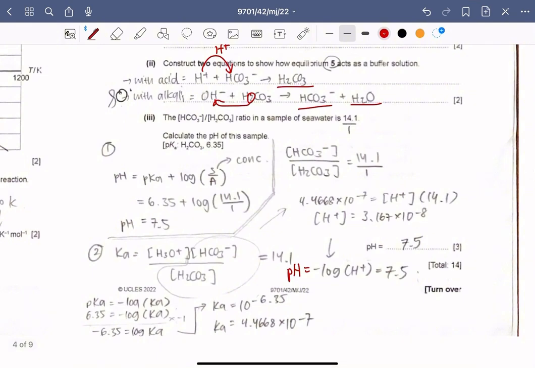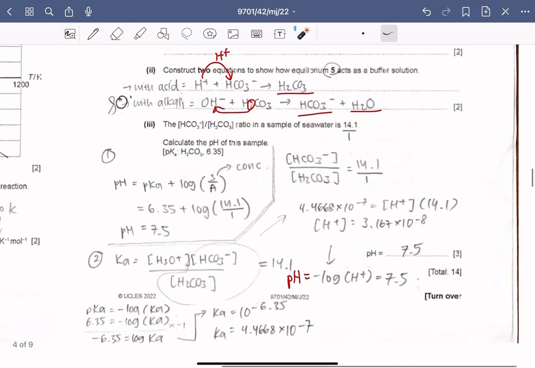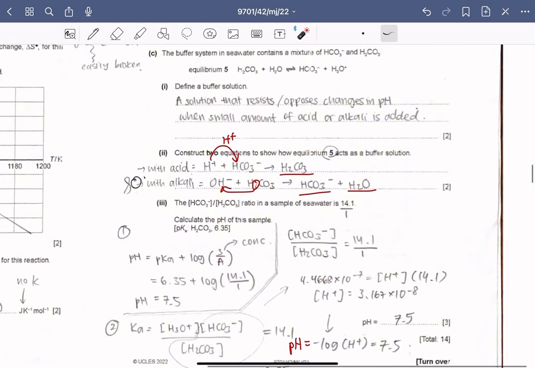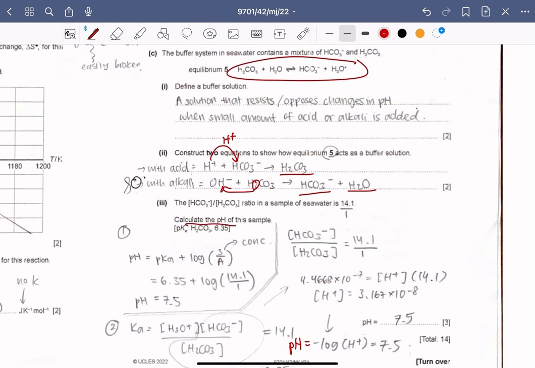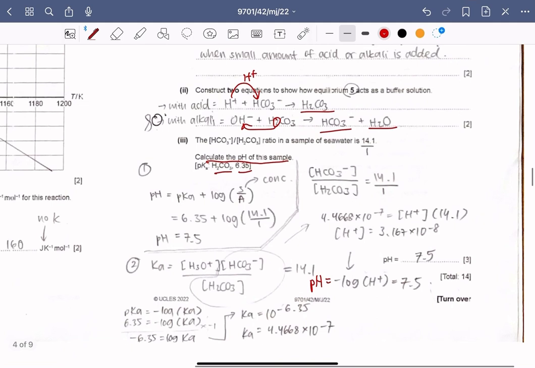For part III, the HCO3 minus to H2CO3 ratio in a sample of seawater is 14.1. So in this equation, we should calculate the pH of the sample. The pKa of H2CO3 is 6.35. There are two methods in answering this question. I prefer method number 1, but you could also do method number 2, which, if I'm not mistaken, is the method they use in the answer key.